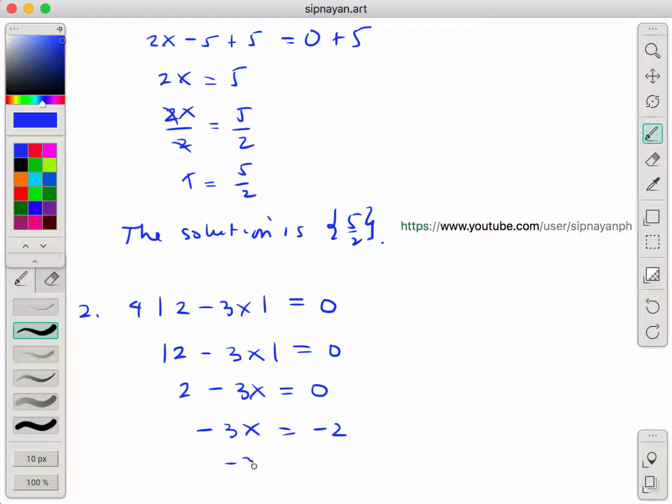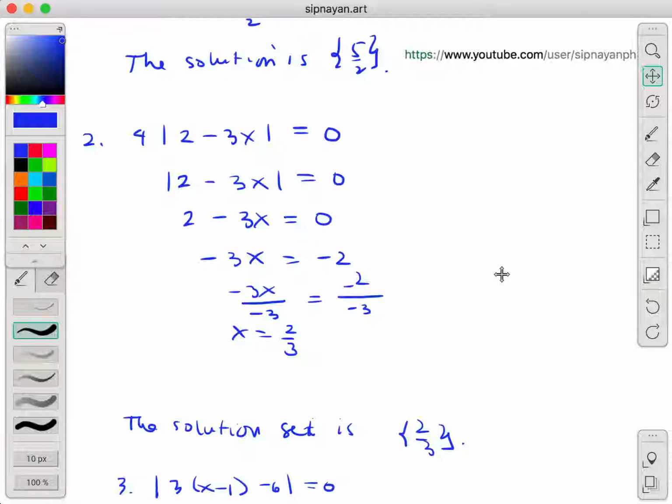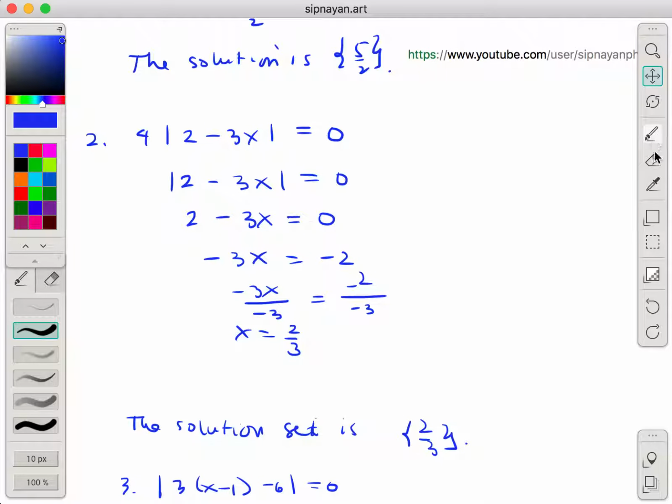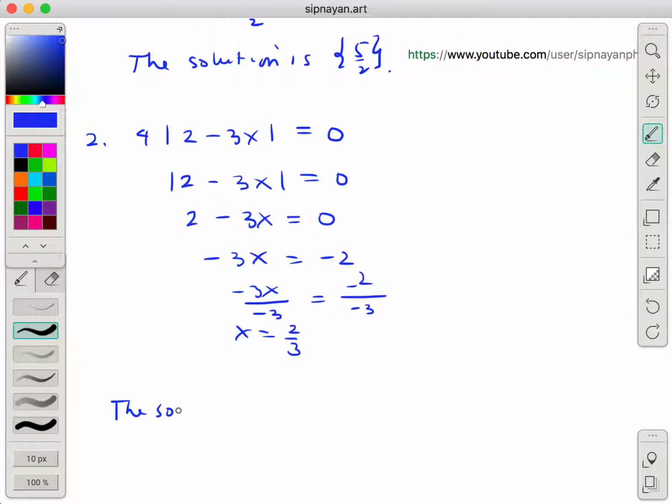And if we divide both sides by negative 3, we get negative 2 over negative 3, which means that x equals 2/3. So the solution set is 2/3.